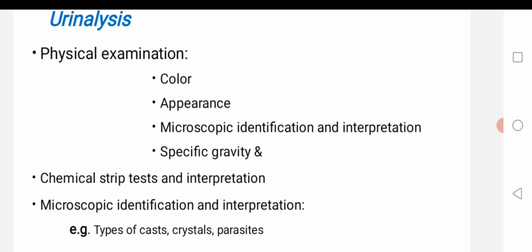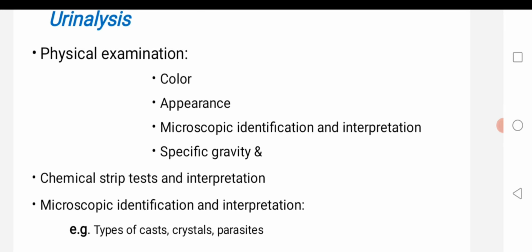They will give you a urine sample with unknown specific gravity, and you'll be given a urinometer and asked to measure that. Then they will evaluate your performance.